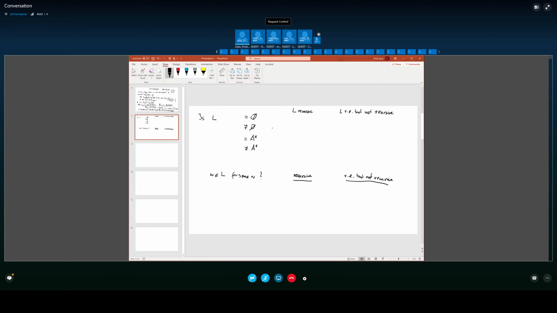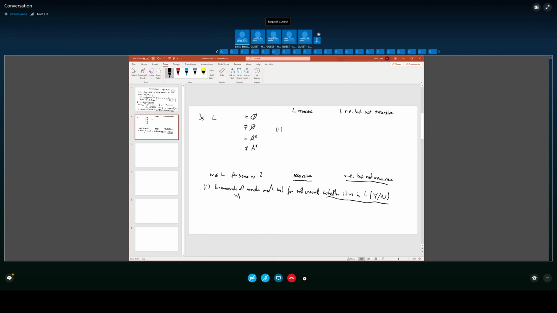We can basically enumerate all words and test for each word whether it is in L. Now, this, of course, is always going to be yes or no, whether that word is in L. There will always be a yes or no. It will always halt, and so I can take the first word and test it, and it will halt with telling me yes or no.